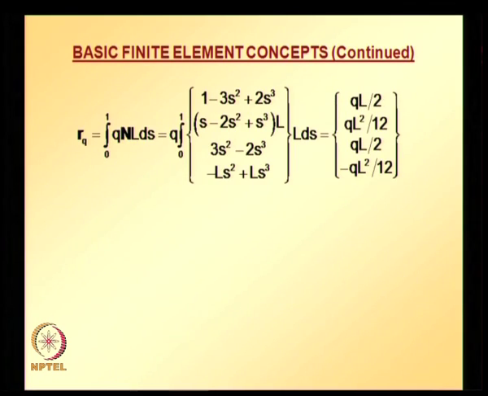We can also simplify R_Q, assuming q to be constant, you can take that out of the integral and integrate the rest of the terms, we get this. And R_f is already obtained, there is no need of integration for R_f because R_f is already given as F1, M1, F2, M2.